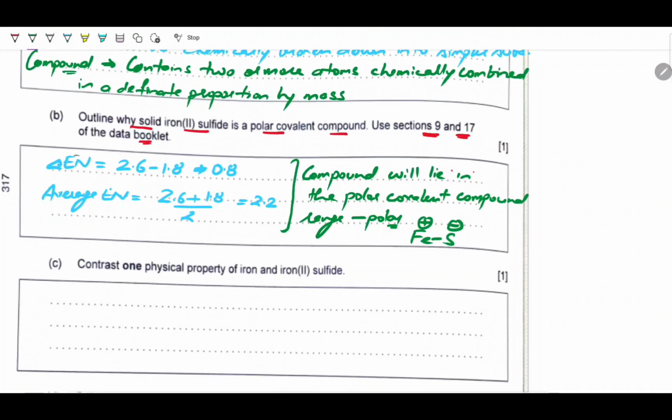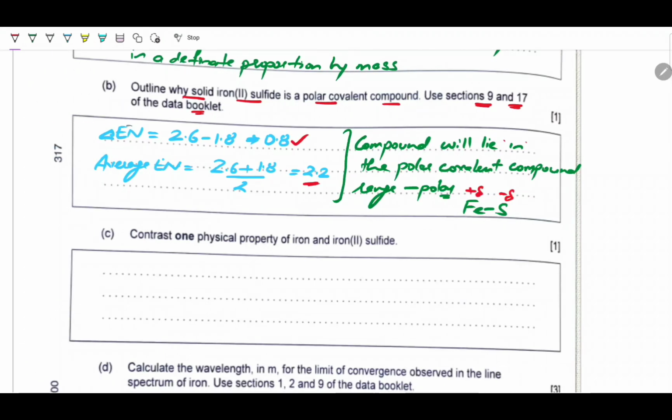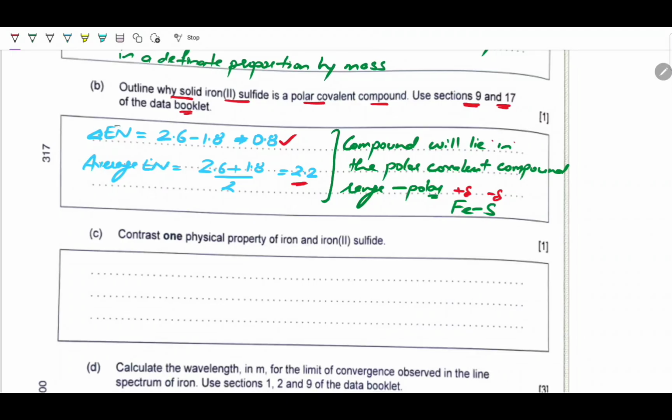It attracts the bond pair of electrons slightly towards itself. But my answer should be on the basis of the electronegativity difference and average electronegativity, and these values lie in the polar covalent range as per the triangle, hence it is polar, not ionic.